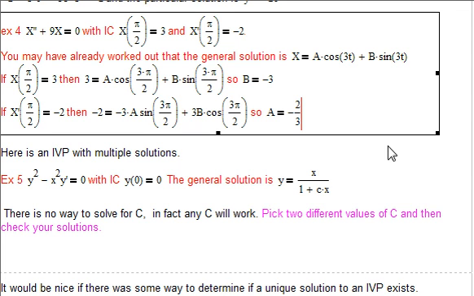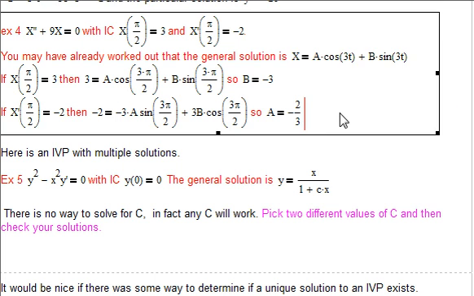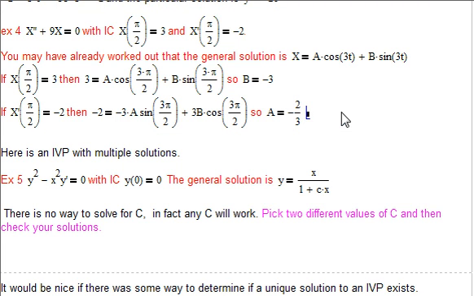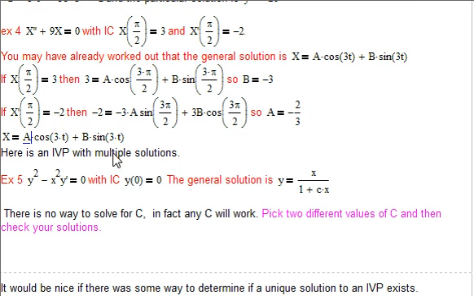I don't think I wrote the solution of this anywhere, but maybe I will. The solution of that will be, a was negative 2/3 and b was negative 3.